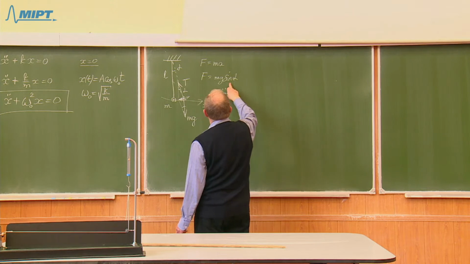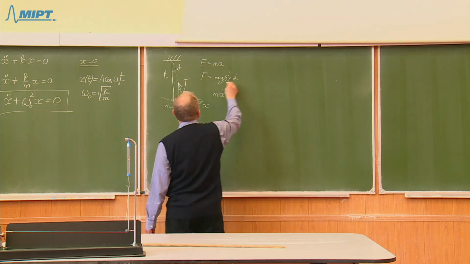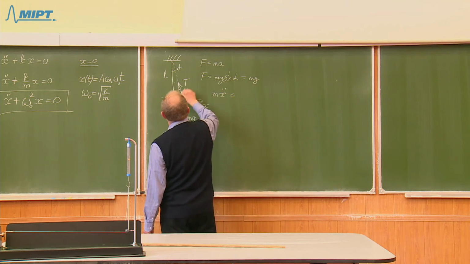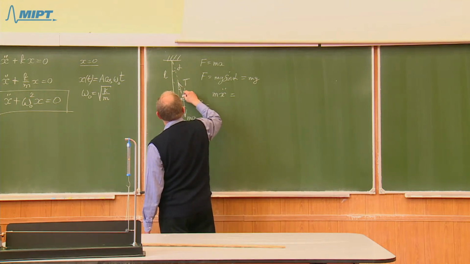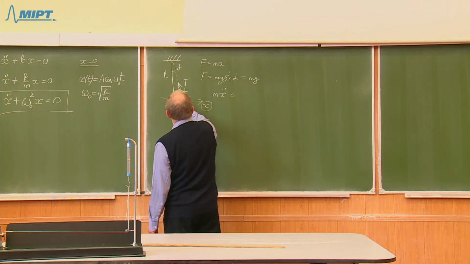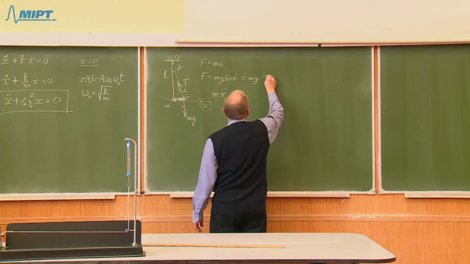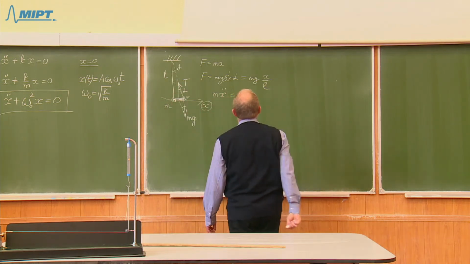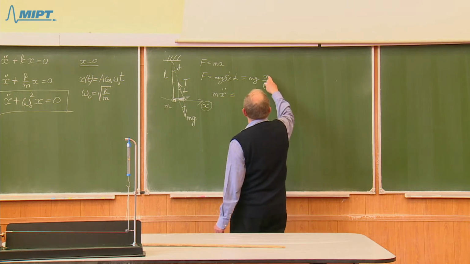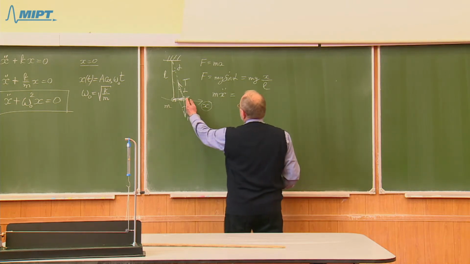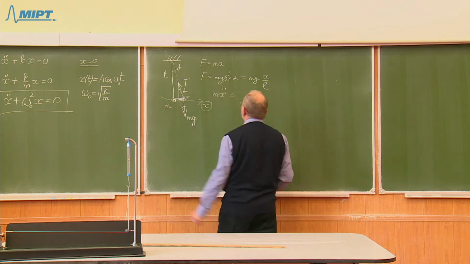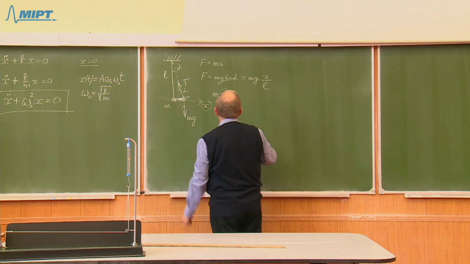mg sine alpha, and sine alpha can be expressed approximately as this side, which is x, the displacement, divided by L. But if the displacement is positive, then the acceleration is negative, directed in the opposite direction.